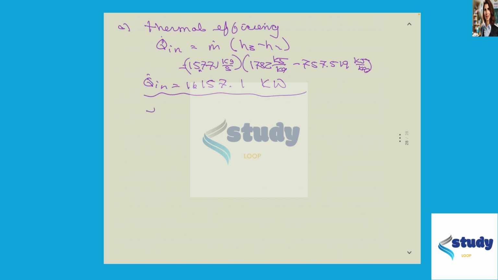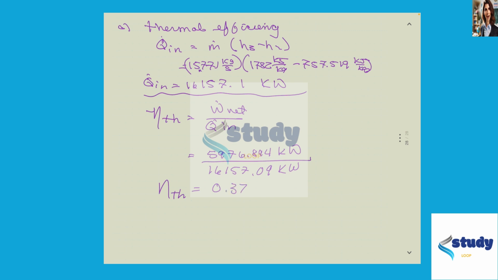Then our thermal efficiency will be our net divided by our Q in, and this will equal 5976.894 kilowatts divided by 16157.09 kilowatts, and this will equal 0.37.